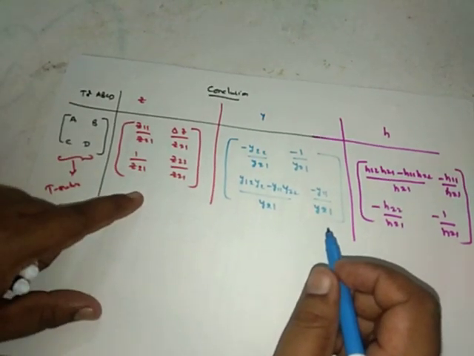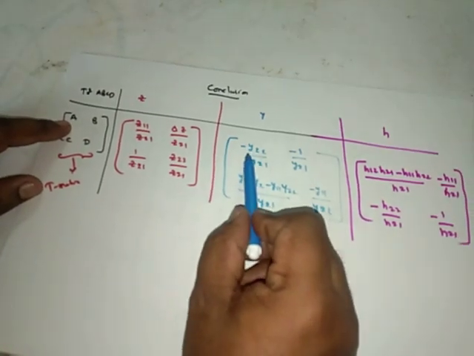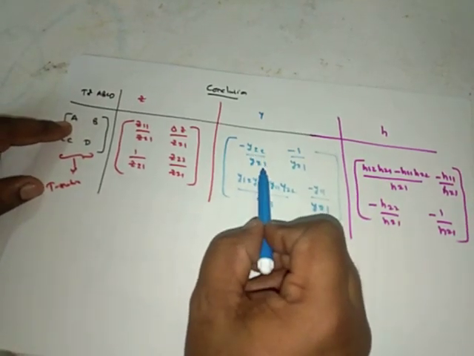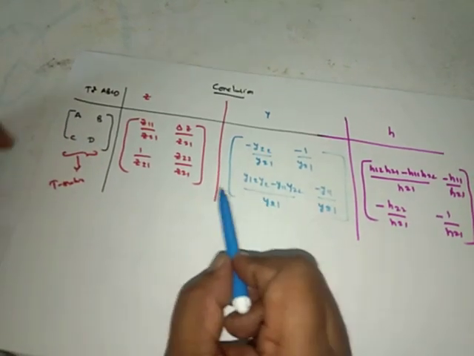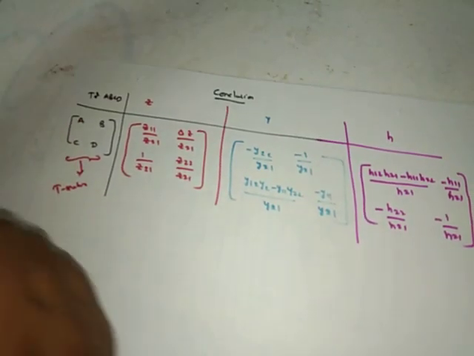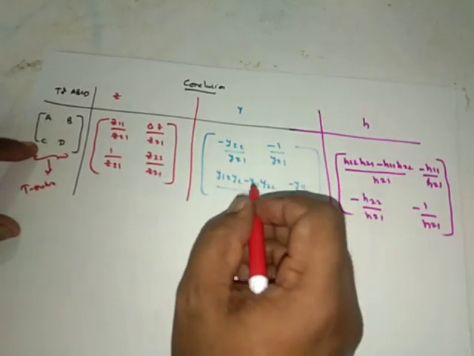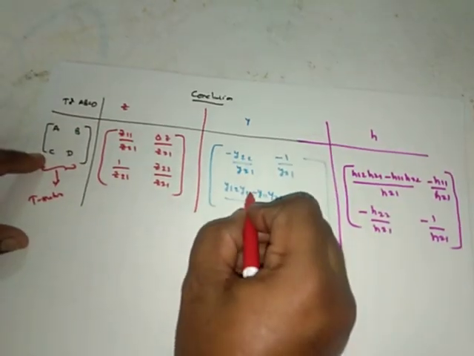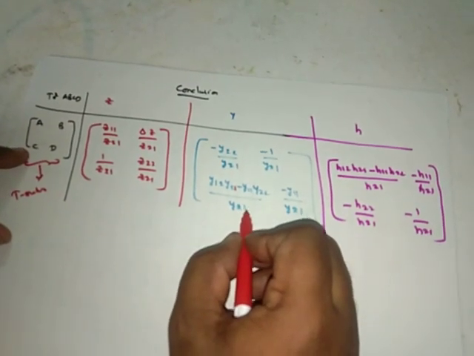It is in Z. Now coming to in terms of Y, A is equal to minus Y22 by Y21. B is equal to minus 1 by Y21. C is equal to Y12 Y21 minus Y11 Y22 by Y21.